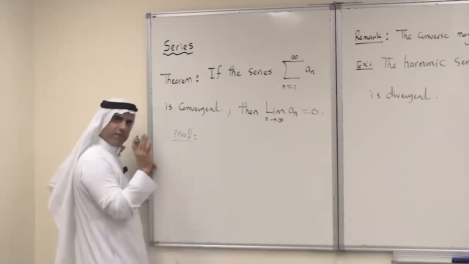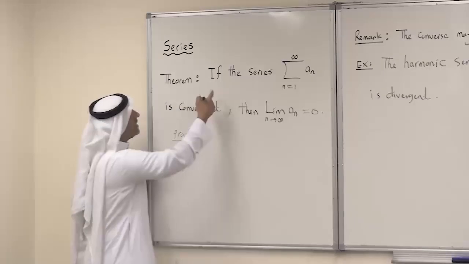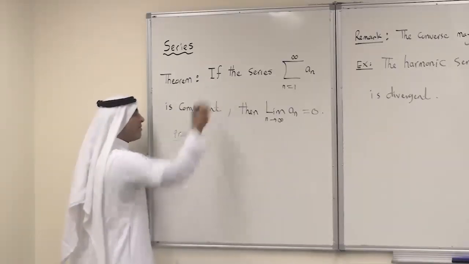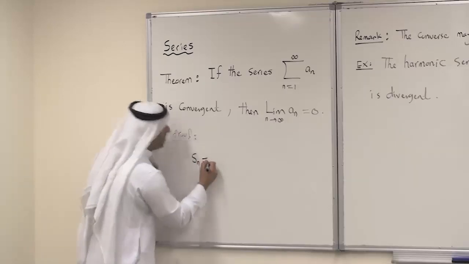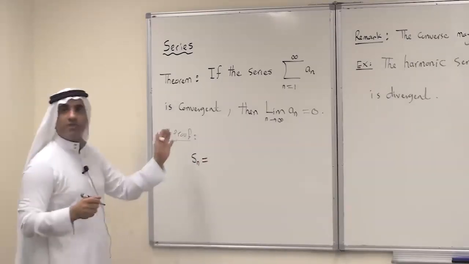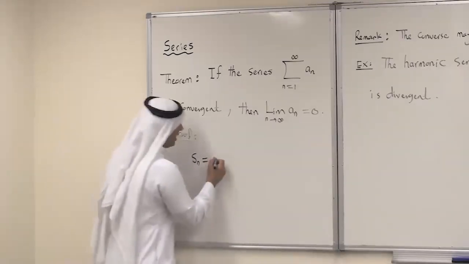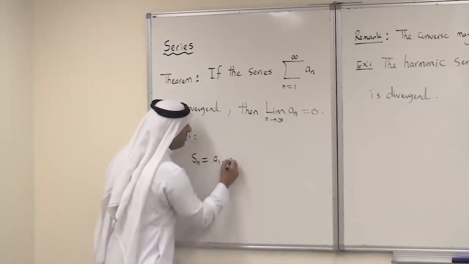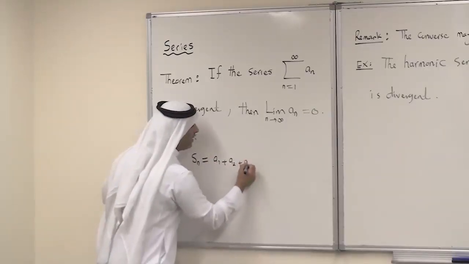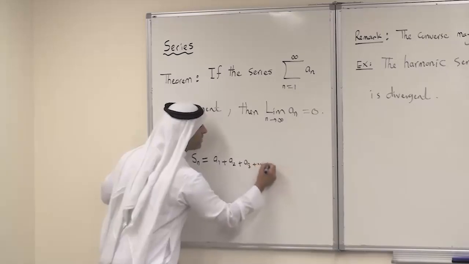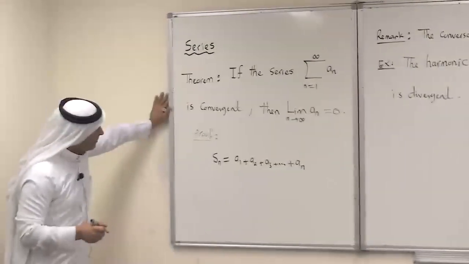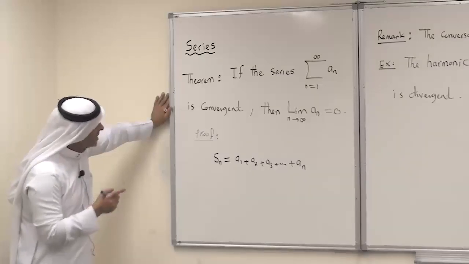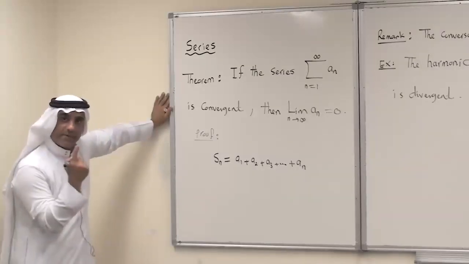Now let's go back to the definition. If we say this series is convergent, what does it mean to be convergent? It means if you take Sn, which is what? Sn is the summation of the first n elements, so that is a1 plus a2 plus a3 plus up to an. This is what we call Sn. Okay, fine. If it is convergent, it means the limit of Sn is a finite number.